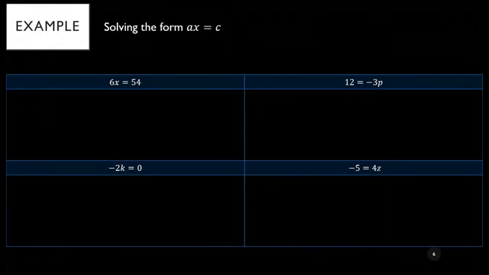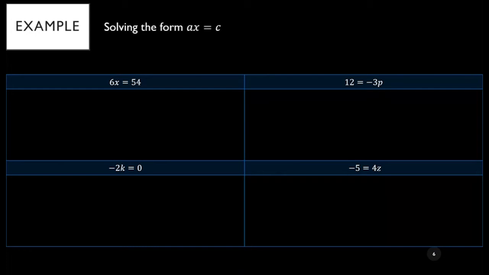So what I've got here are the different forms that I was talking about where you use this property. All of them on this page are in the form AX equals C. The letters A and C, at the beginning of the alphabet, are always used to represent numbers. And the letters at the end of the alphabet are generally used to represent variables.